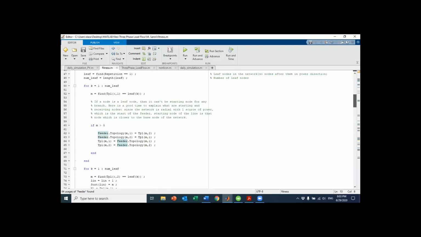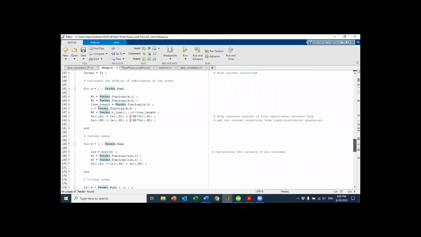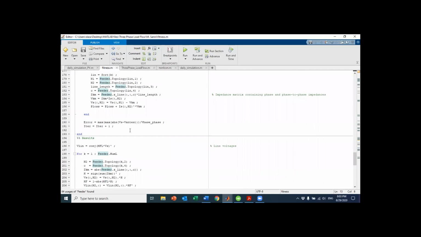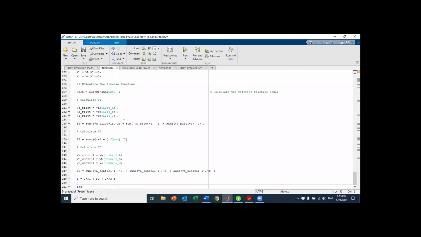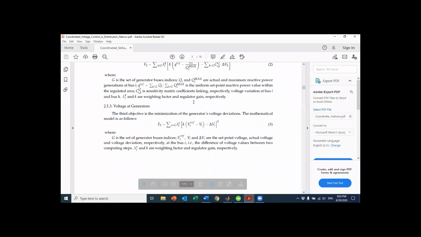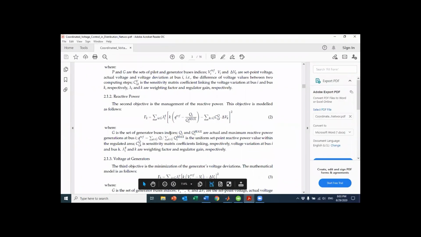After running the load flow, we determine the voltages in the whole network, and then we need to calculate the fitness function. The fitness function consists of three different functions, F1, F2, and F3.